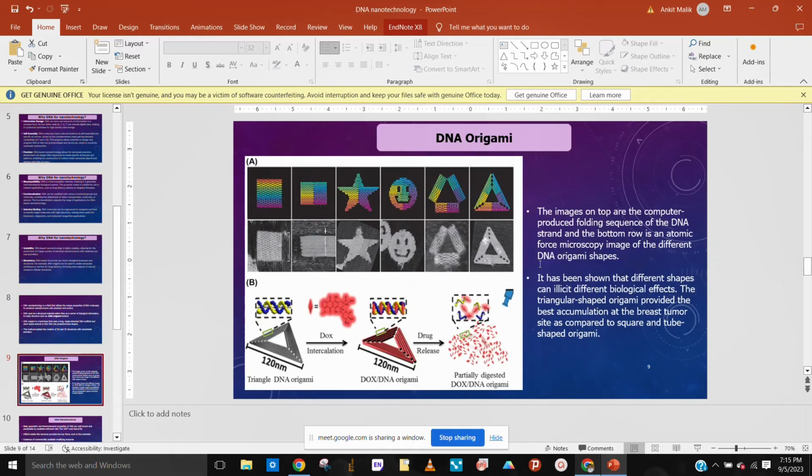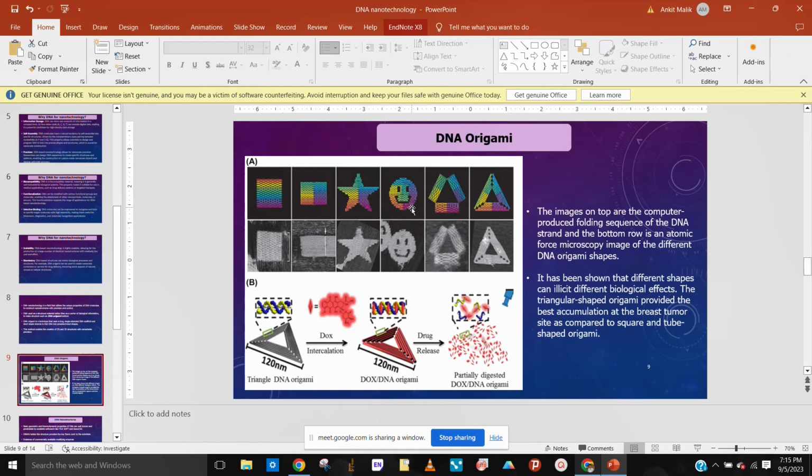So this is DNA origami. Likewise, we use paper and modify it into various structures. Likewise, DNA is used to construct different structures. So here we can use star-shaped, circular, rectangular, triangle.